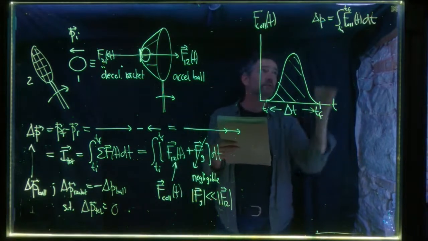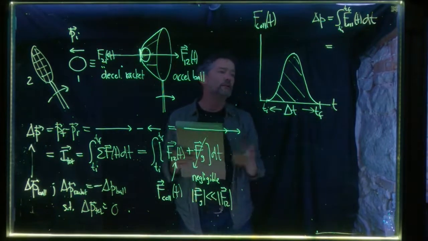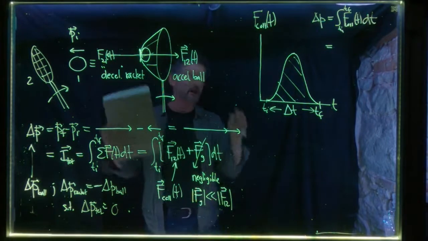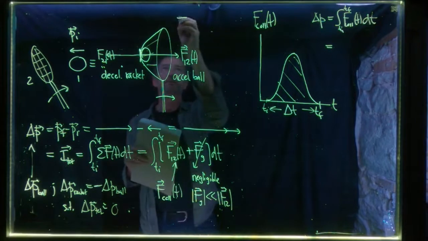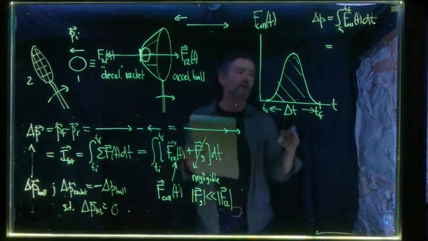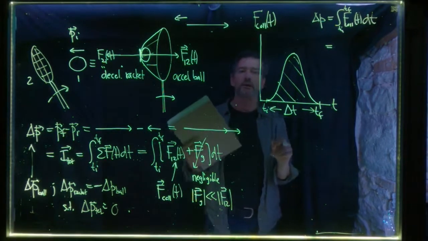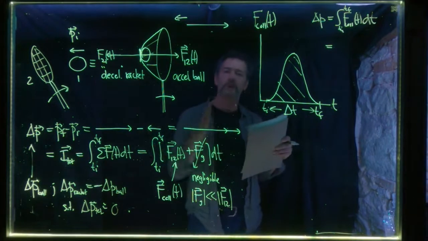Okay, and so we can think of this equivalently as, rather than having this complicated time-dependent force acting over time to transfer a certain amount of momentum to the ball, to change the momentum from p initial to p final, what if we said, what would be an equivalent constant force that could act over the same time interval from t initial to t final to transfer the same momentum?